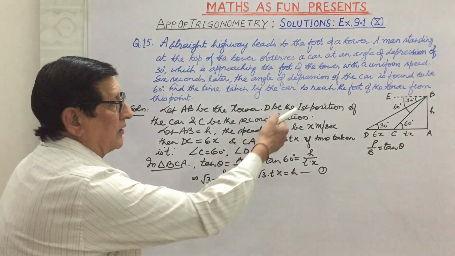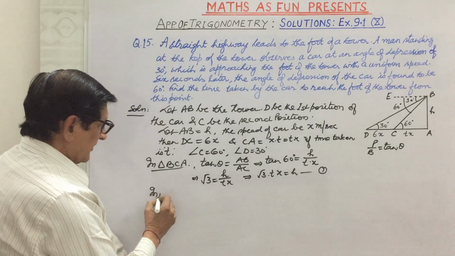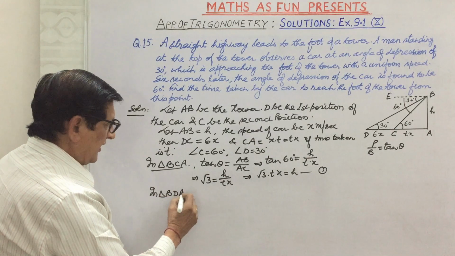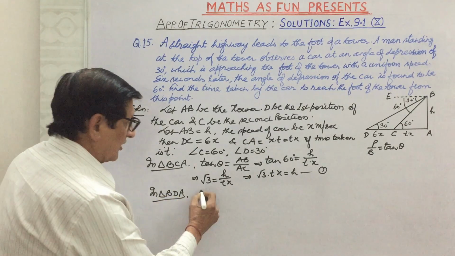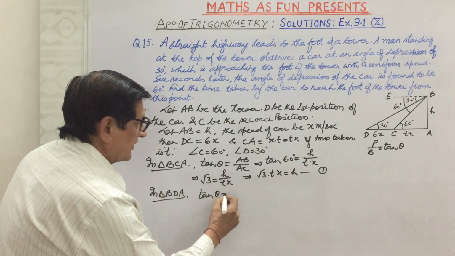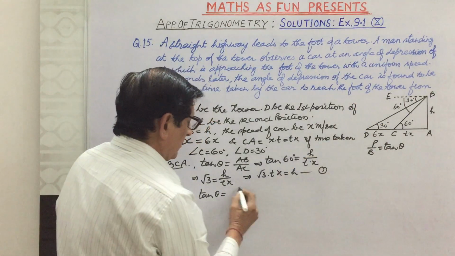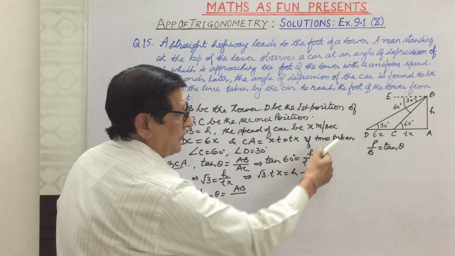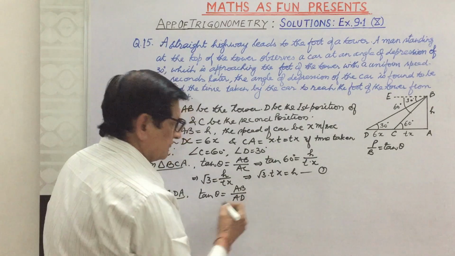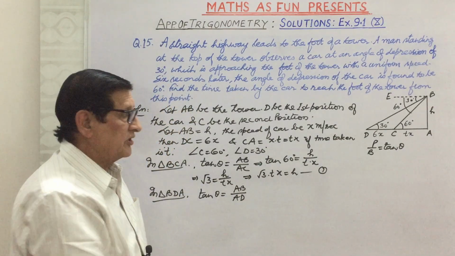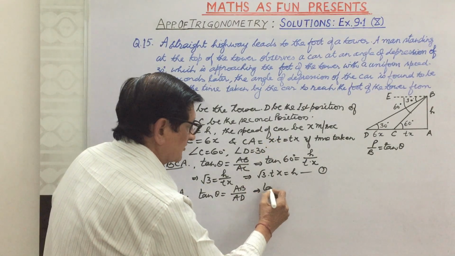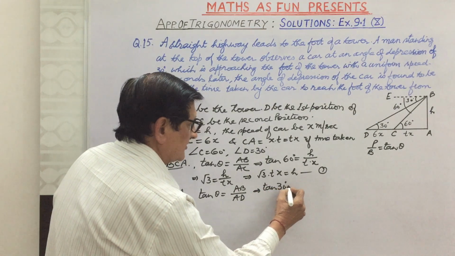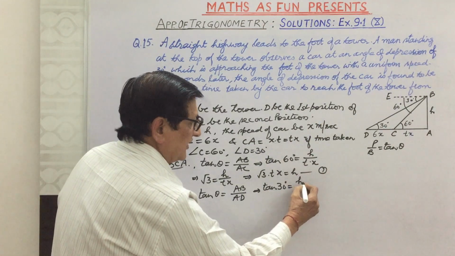Then we go in triangle BDA. In triangle BDA, again we have to apply tan theta only. Tan theta is perpendicular, that is AB, base, that is AD. Theta here is 30 degree, so this will give us tan 30 is equal to AB means h.